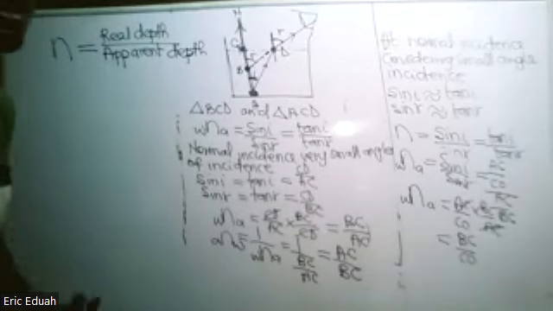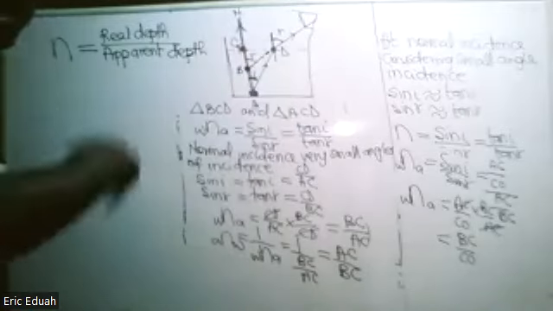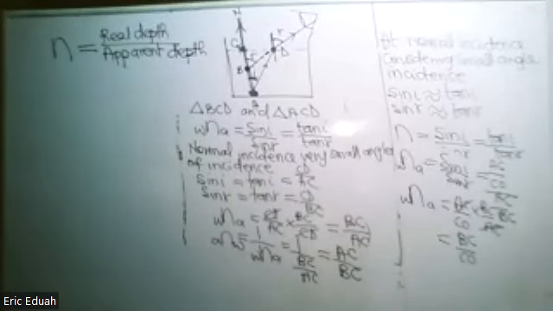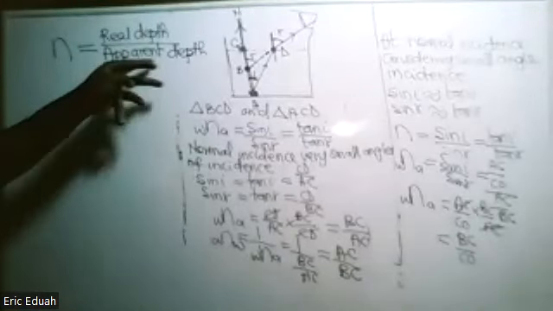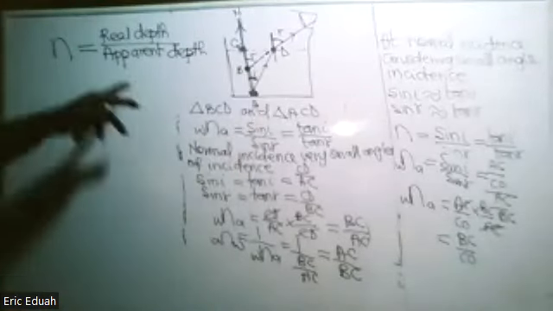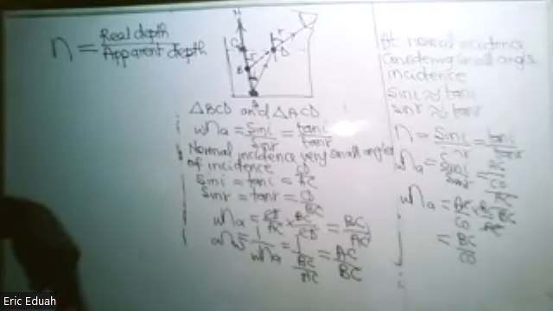So for vertical displacement of light, the absolute refractive index of a material is expressed in terms of its depth, real depth over apparent depth. So whenever an object is placed in a material and it is being viewed, the refractive index of the denser material can be obtained by considering its real depth over the apparent depth.